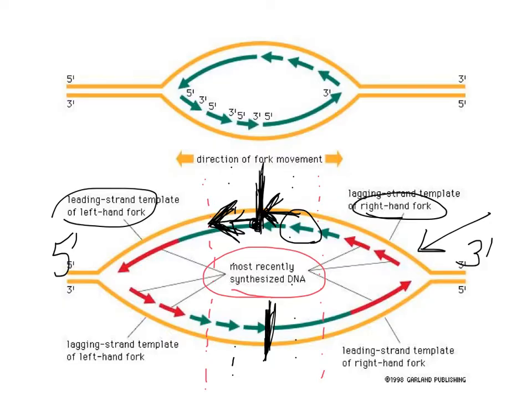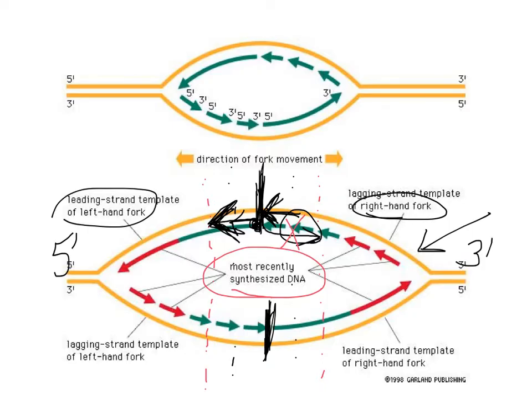Now there's a couple choices. In theory, what you might think is it just flips around and replicates in that direction. But obviously that would be violating the 5' to 3' rule. So it doesn't just turn around and replicate in the other direction.